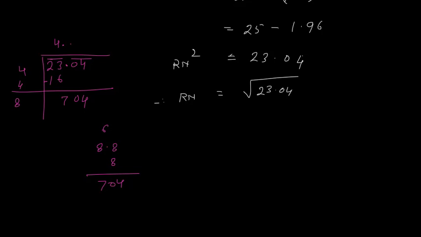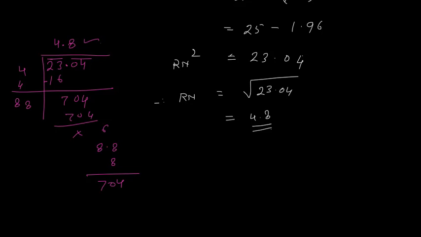Let us write 8 here and I will get 704. This is completely divisible. So the value of Rn we get is 4.8. What I recommend is that you show your rough work near your calculations, and do the rough work in pencil, so the teacher will understand that this is rough work.